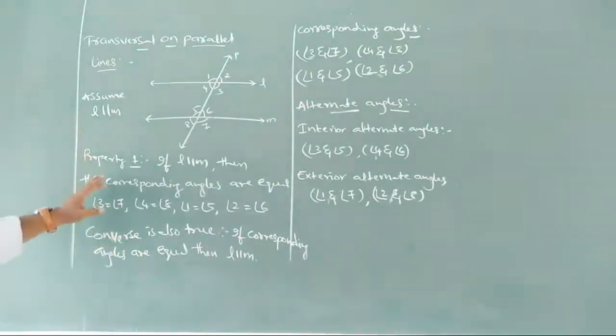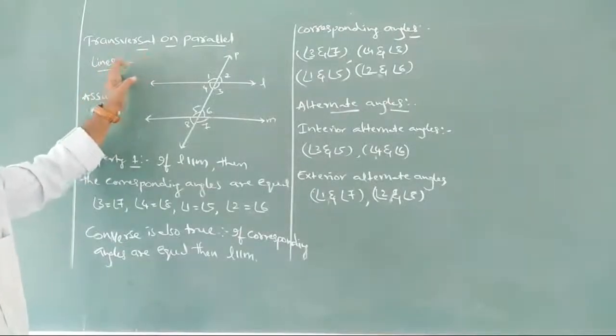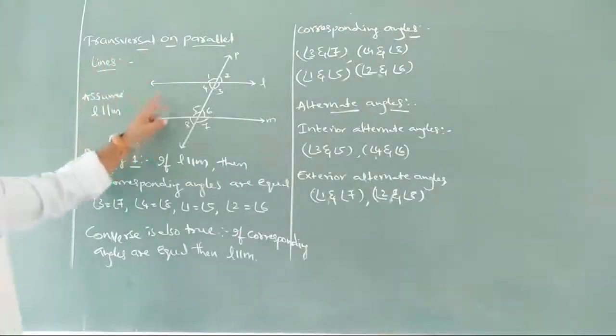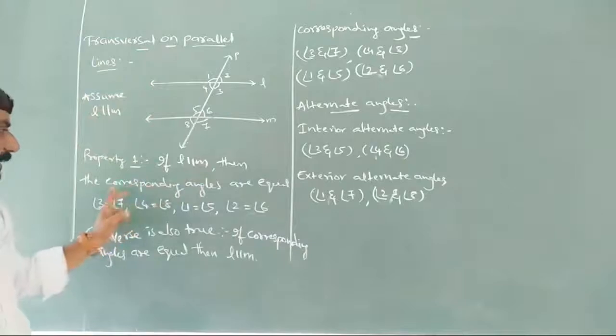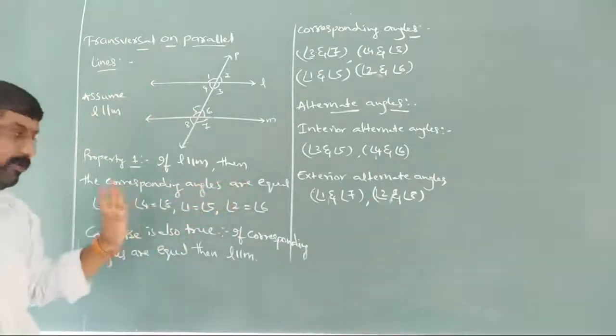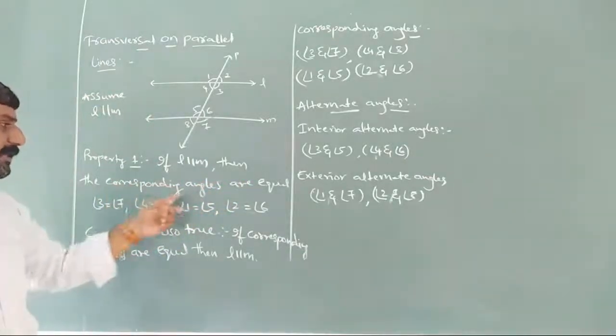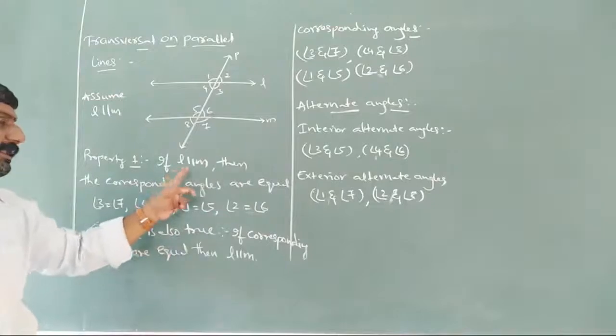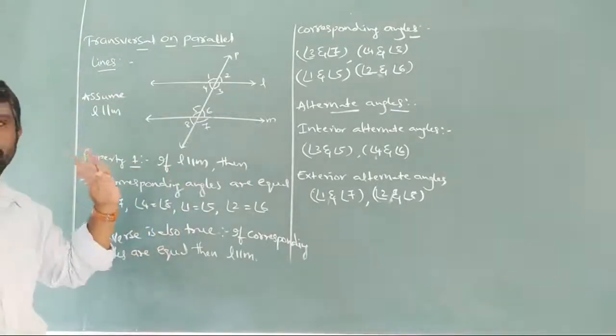The first property says: if we take a transversal and parallel lines, assuming L is parallel to M, then the corresponding angles are equal. Converse: if corresponding angles are equal, then the given lines are parallel.